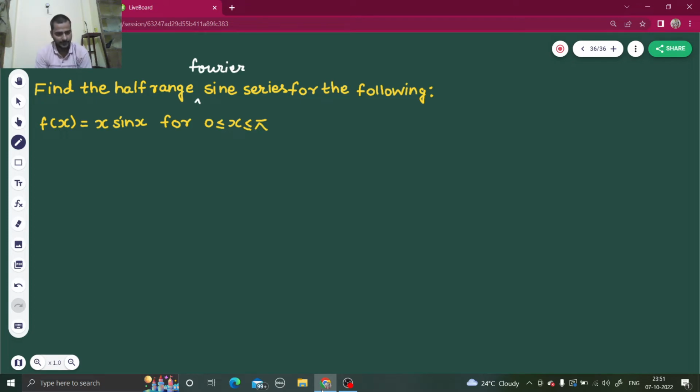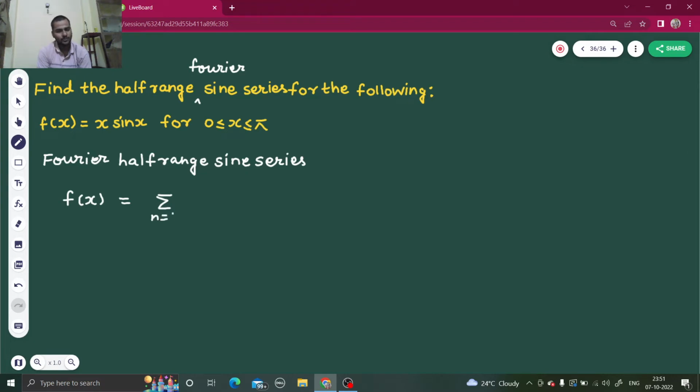So we know that the Fourier half range sine series is given by f(x) = summation n equals 1 to infinity b_n sin(n pi x by, here you can see it is going from 0 to pi, so we'll write pi).